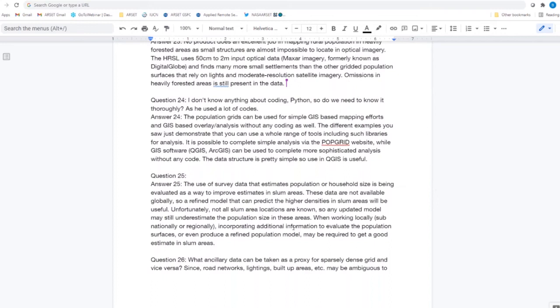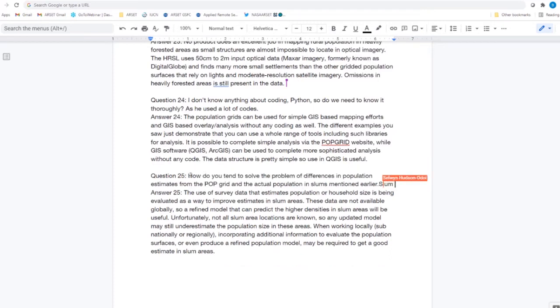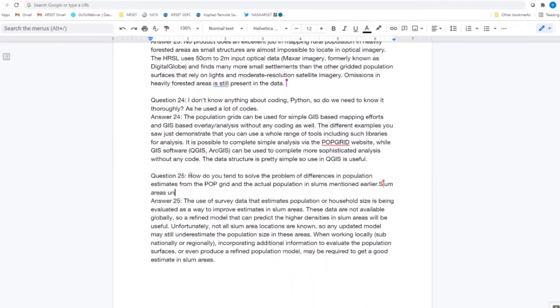From what I recall, the question was about the reference I made to the paper by Thompson et al. that talks about how slum areas are underestimated in global products. The take-home message would be that it would be best to use survey data where available to get at either total population or household size to estimate population distribution in slums.